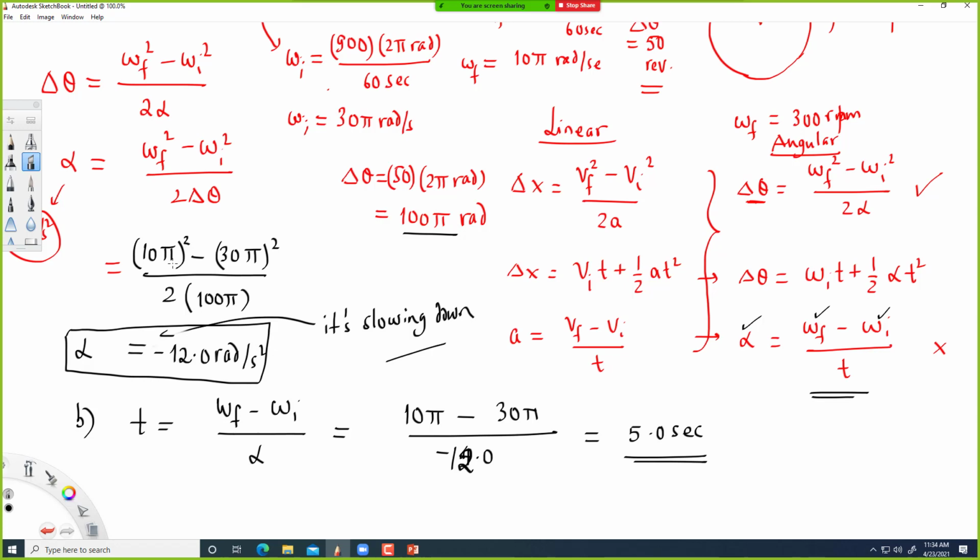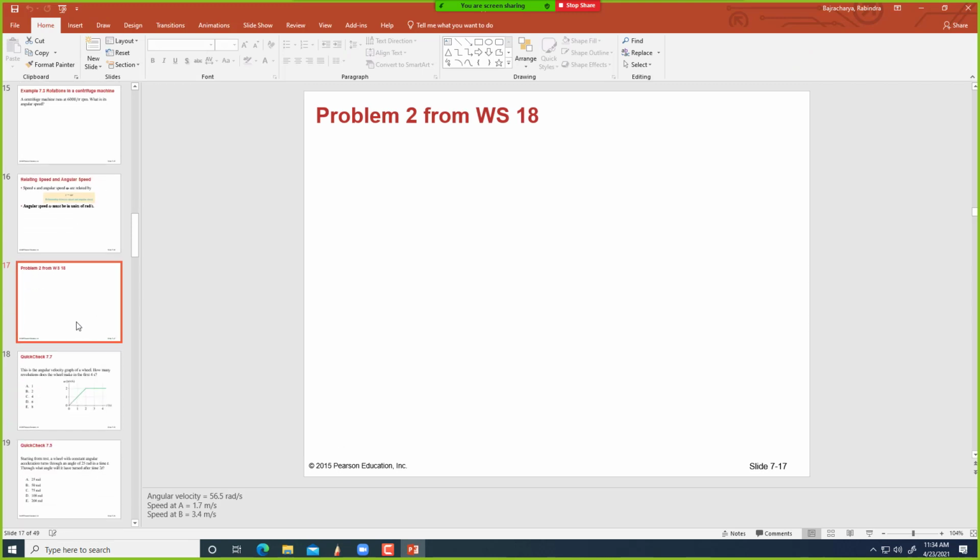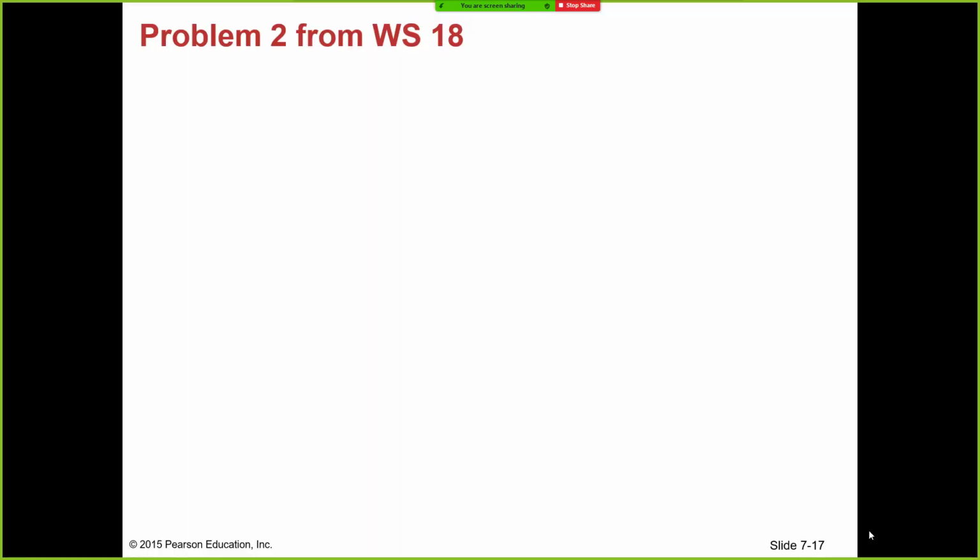Okay, so let's look at some more questions. If you guys remember from linear motion, if you have velocity versus time, this is the graph of how the velocity is changing with time.